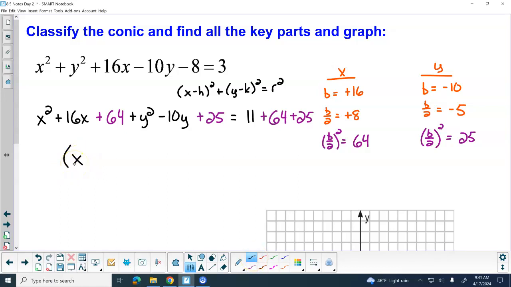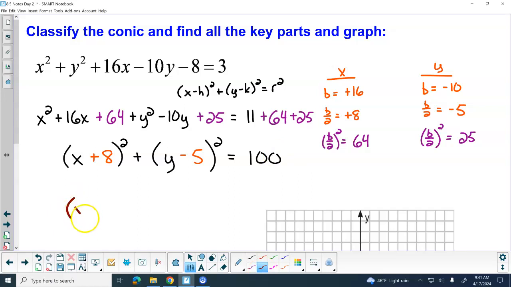X, then it would be plus 8 quantity squared plus y, it would be minus 5 quantity squared, and that's going to equal 100. So that becomes my equation.